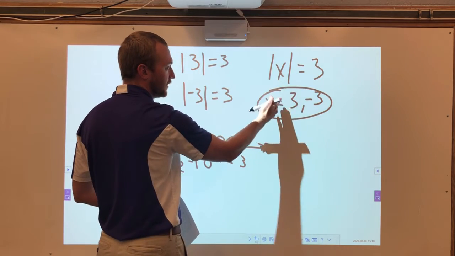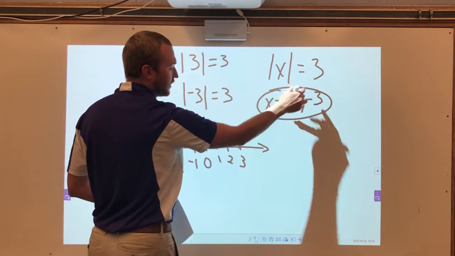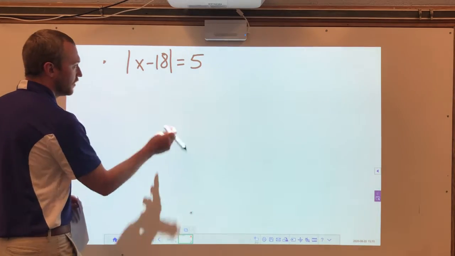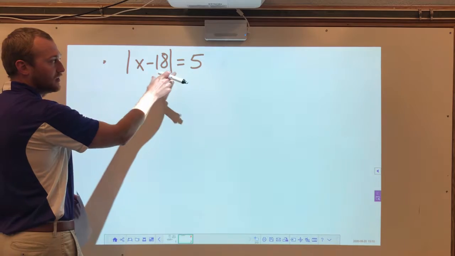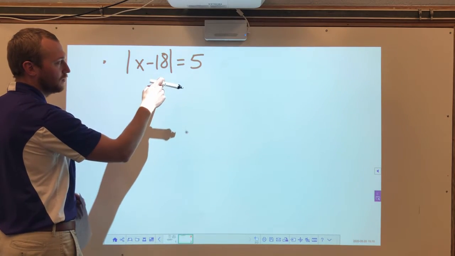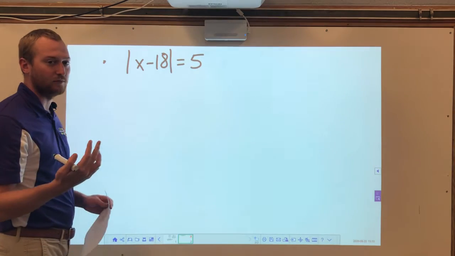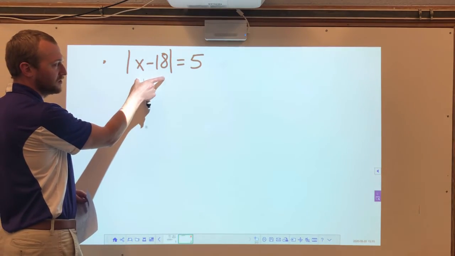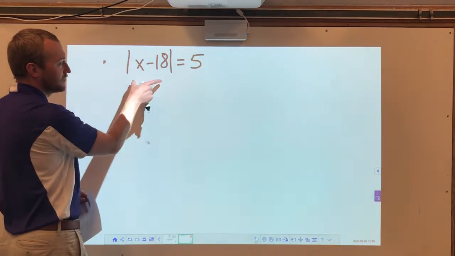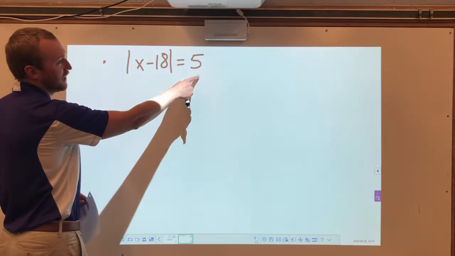The absolute value of 3 or negative 3 equals 3. So whatever's inside the absolute value here needs to equal 5. Well, that's 5 or negative 5, right? Whatever's on the inside, if it was just 5, that would equal 5. If it was the absolute value of negative 5, that would equal 5.